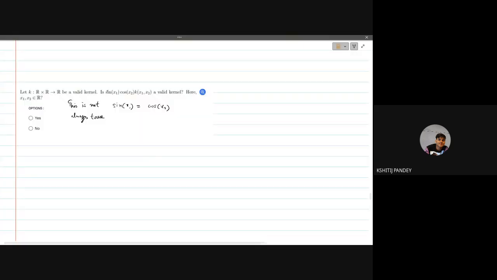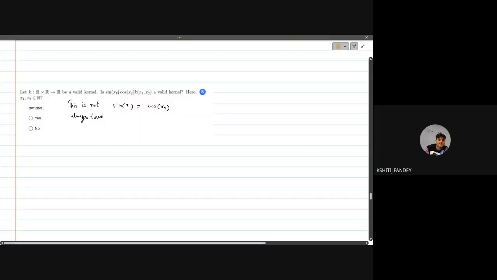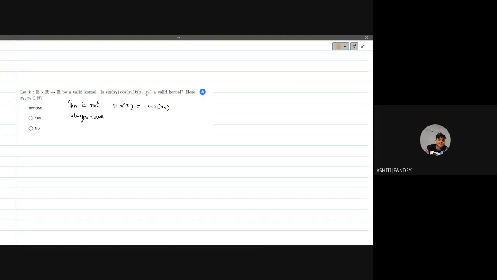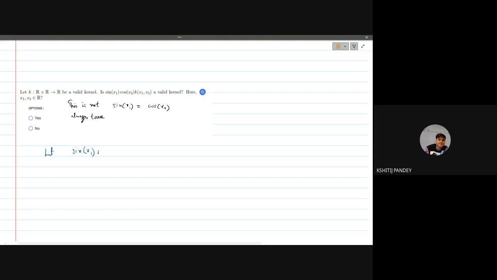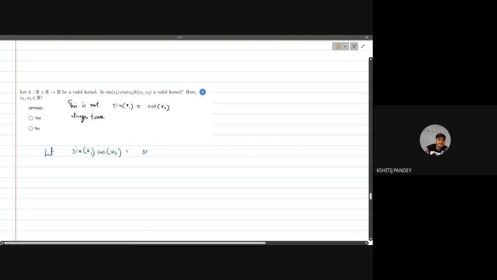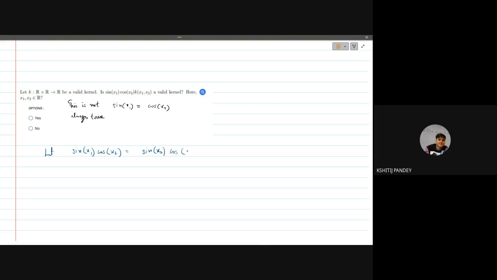The only part we have to check is sine x1 cos x2, because this kernel function inside it is a valid one, so we have to just check this. Okay, so let's assume that they are equal. Let sine of x1 cos of x2 be equal to sine of x2 into cos of x1.